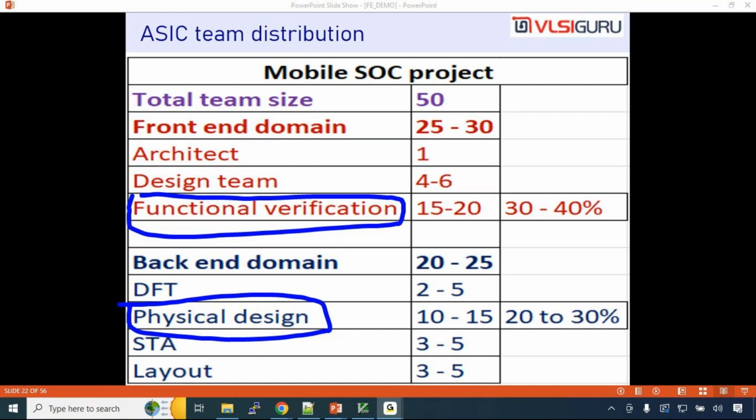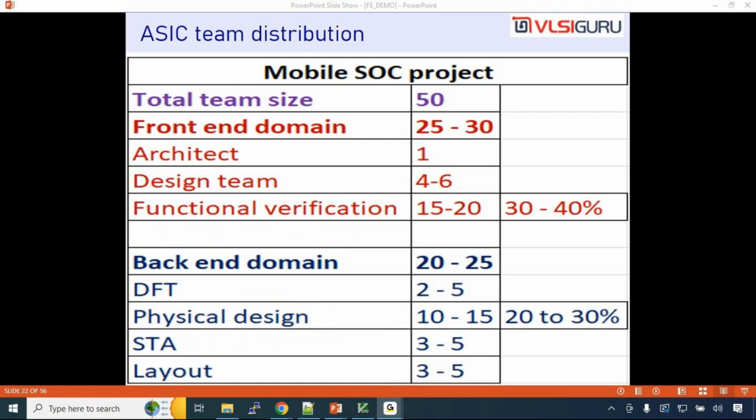The point you need to understand is, DFT has fewer people, right? But the number of people who join DFT will also be very small. Let's say in our institute, for example, 40 people join this course. In DFT, only 8 people will join, or 10 maximum. Automatically it adjusts.